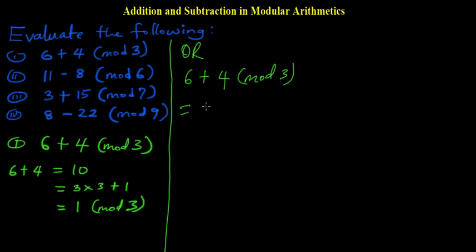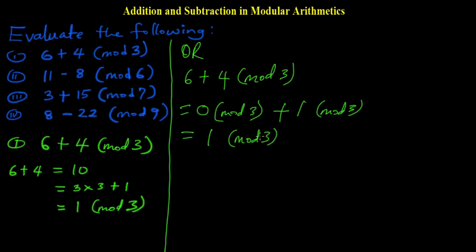That will give us 0, 0 mod 3, plus 4 in mod 3 will give us 1, 1 mod 3. So automatically, if we add 0 and 1 together, we have 1 mod 3. So that is how we can solve it.